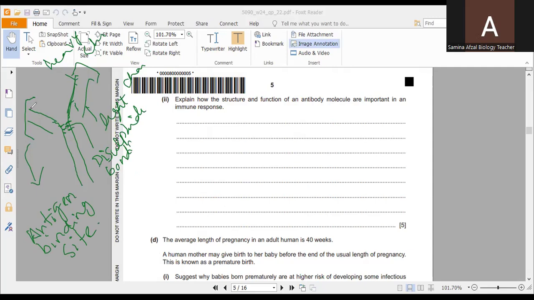I'm going to write over here how the structure and function of the antibody molecule are important. I have explained the structure, so I'm also going to write all this for your convenience.